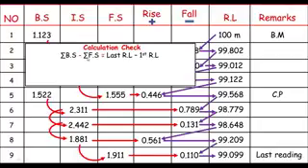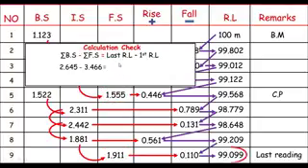In the first check, the summation of backside minus the summation of foresight must be equal to the last RL minus the first RL. Like the summation of backside, remember we have only two backsides. Adding these two, we get of course 2.645, minus the summation of foresights. Foresights are also of course two. So add these two.